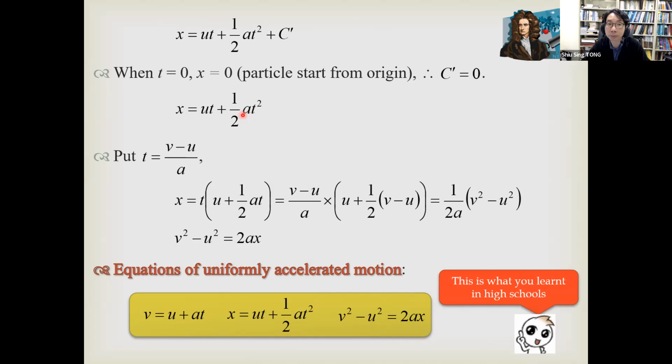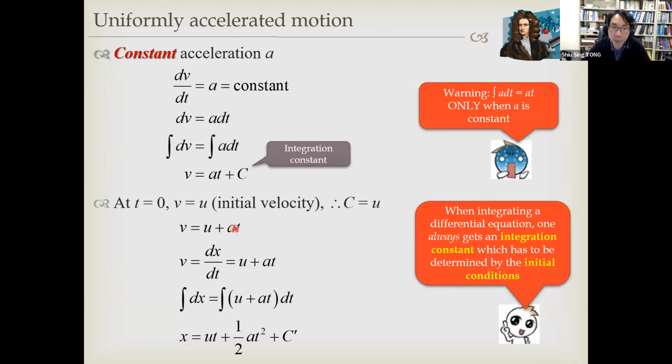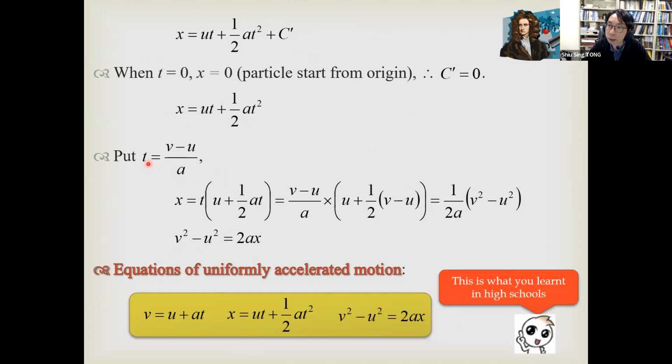How about the third one? Well, I can use v equals u plus at to eliminate the t. I make t the subject of the formula, t equals v minus u over a, and then I substitute this t into the equation. I factorize first, and I substitute t as v minus u over a.